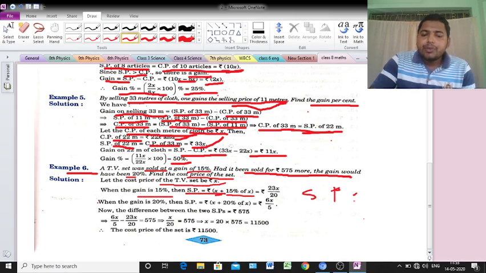After calculation you are getting rupees 23x by 20. This calculation you will do on the right-hand side in your copy.